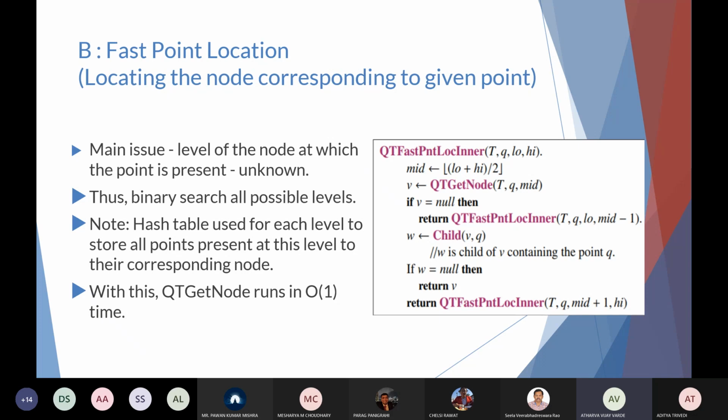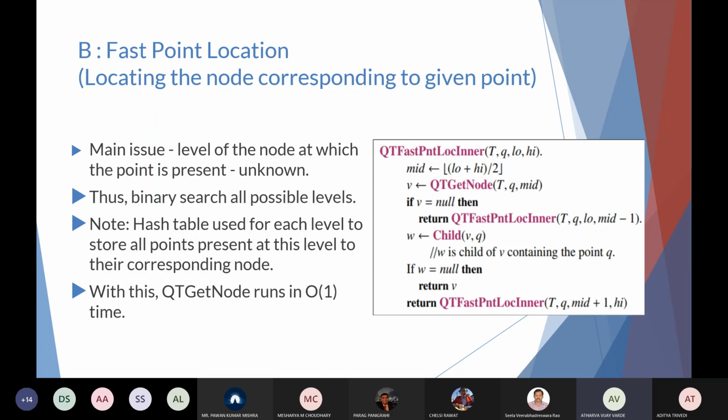Now another function that we might need is fast point location, or locating the node at which a particular point is located. An important feature of the quadtree is that all points need not be located at the same level, because some regions of the graph are sparse while some regions are dense. The sparse regions have stopped at lower levels and have not split further, while the dense regions split to very deep levels, because we stop when there is exactly 1 point in the square.